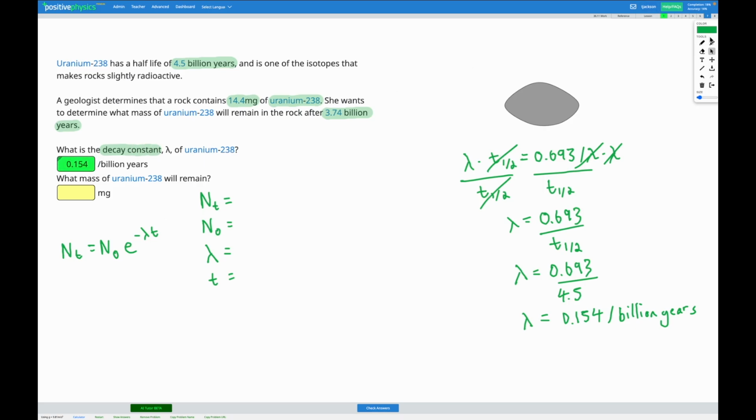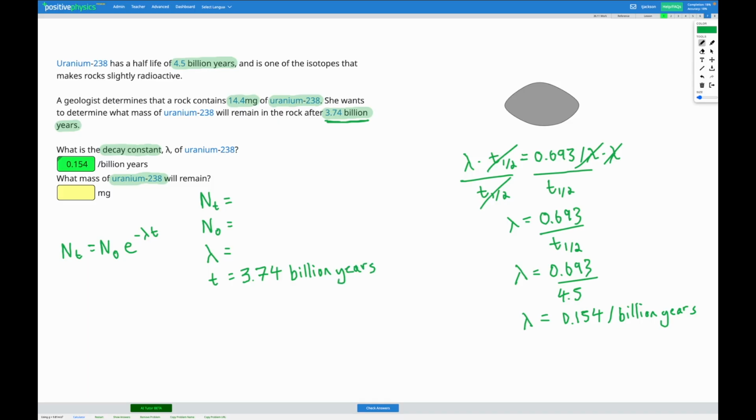Next step is figuring out what mass of uranium-238 will remain, and that's after 3.74 billion years have passed. So let's go ahead and fill out our variables for our equation. The time that's passed is going to be 3.74 billion years.